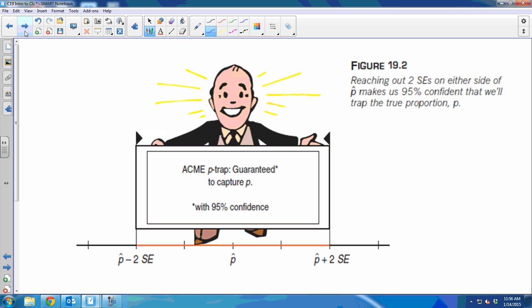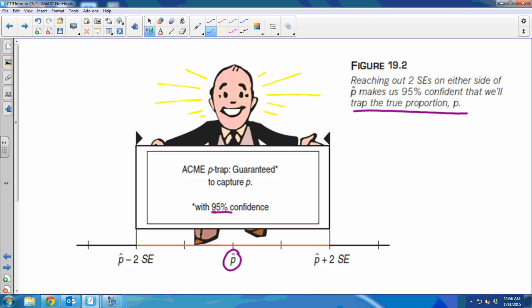So there's a little picture to help you think it through. If you're thinking about p hat being your center, and you have plus or minus 2 standard errors, which is our estimate for standard deviation, on both sides, then we're talking about 95% confidence, so that's the 68, 95, 99.7 rule, that we're going to trap p.